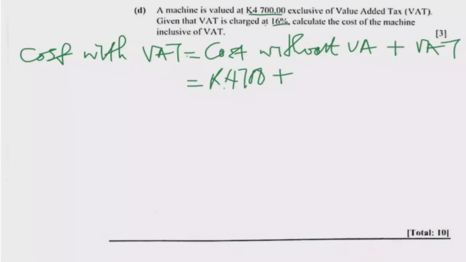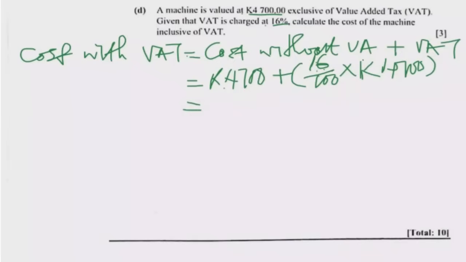So what we do is we find the value of VAT. We open bracket, then we say 16 over 100 times 4,700, in brackets.